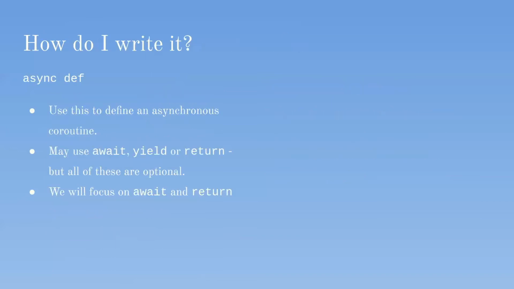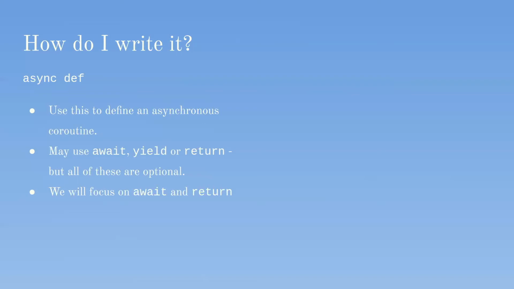So how do we write asynchronous code? We have the async keyword. When we're defining a function or a coroutine, we put async at the start of it, and we get async def for defining the function. We can use the keyword await in it, which we'll cover in a bit, or we can use yield or return, but all of these are actually optional.